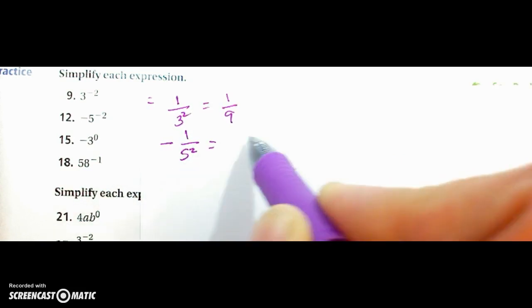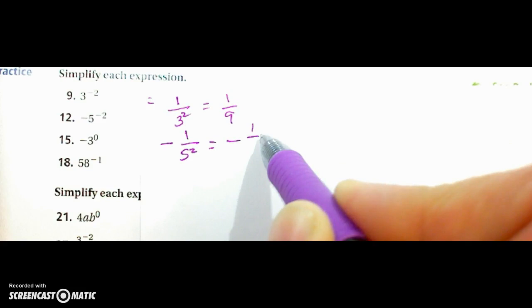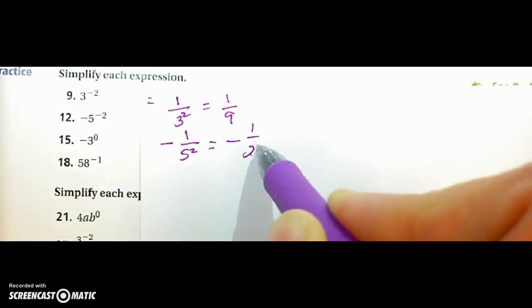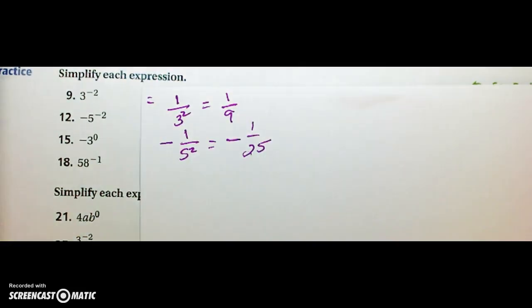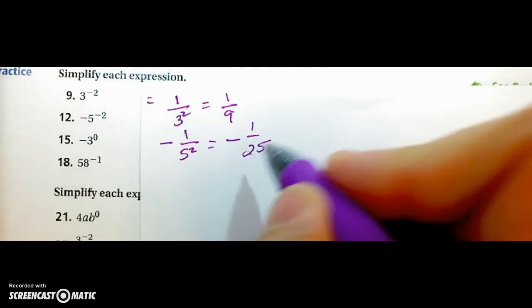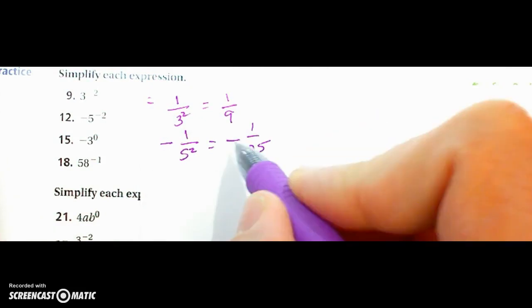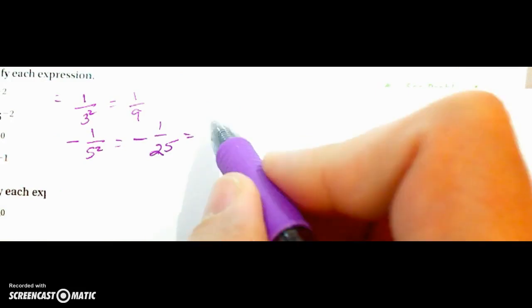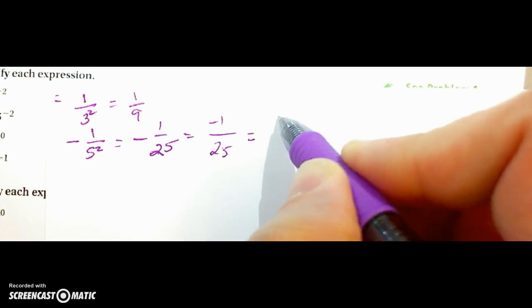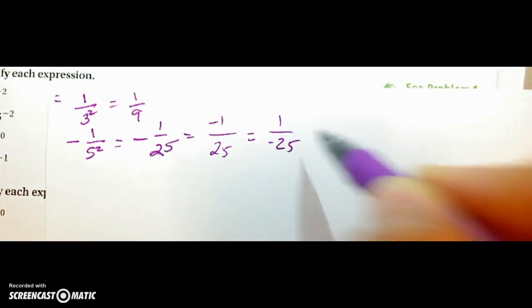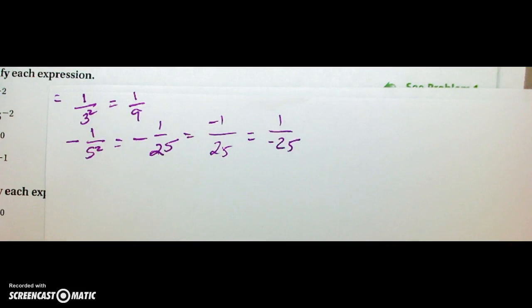So the negative is out here, so 1 over 5 squared, 1 over 5 times 5 is 25. But it really doesn't matter here, because whether the negative is out in front, up in the numerator, or down in the denominator, those three are the exact same thing anyway.